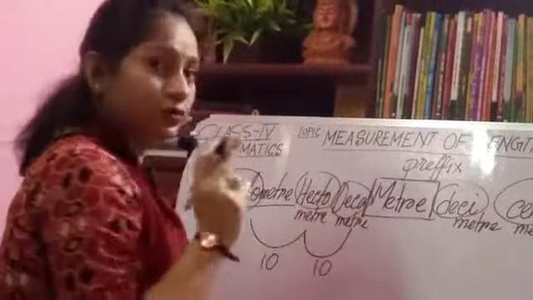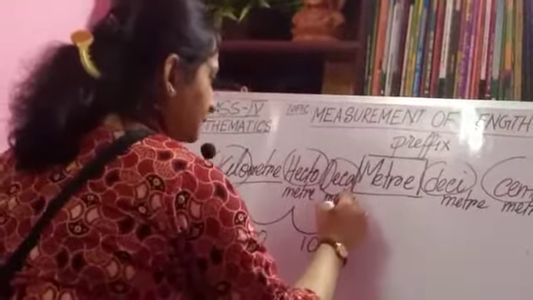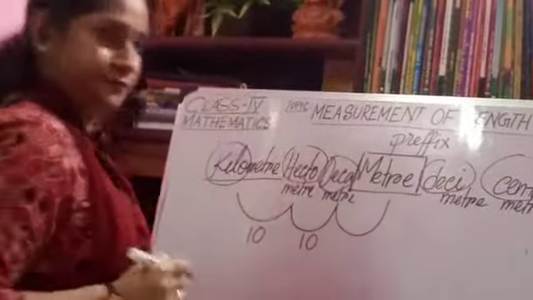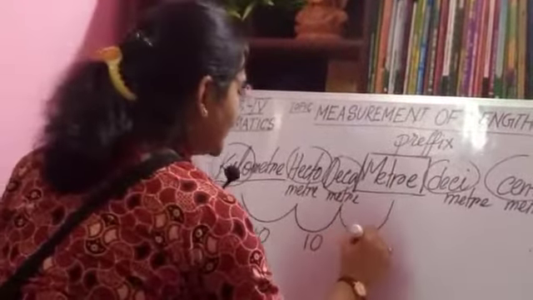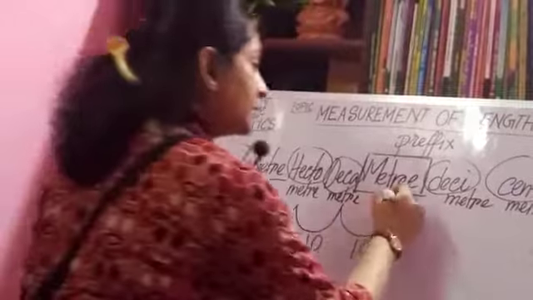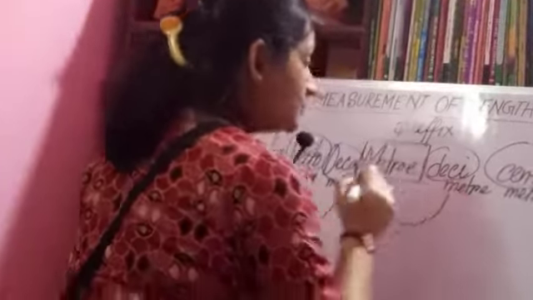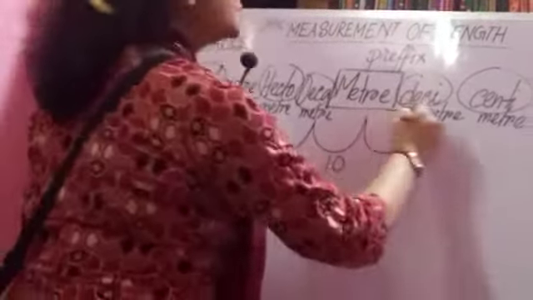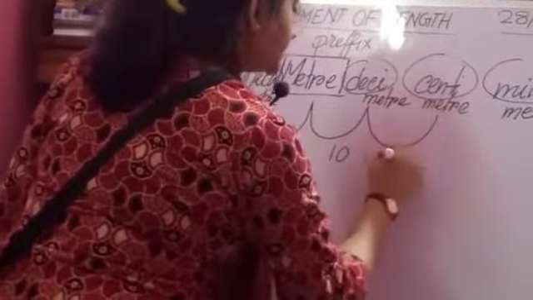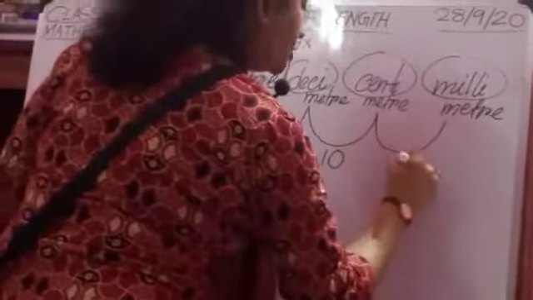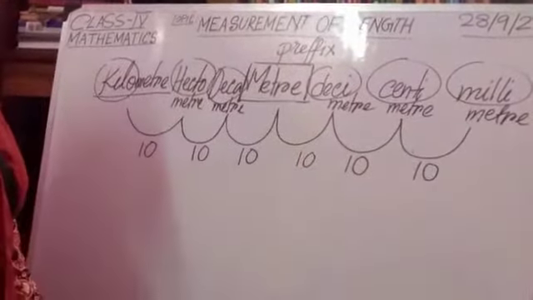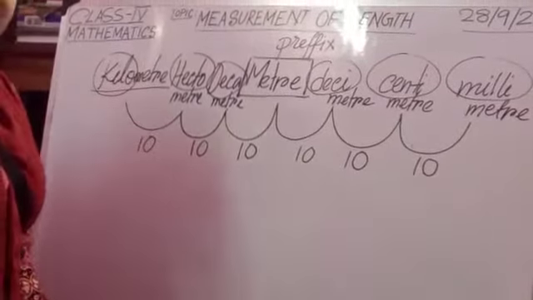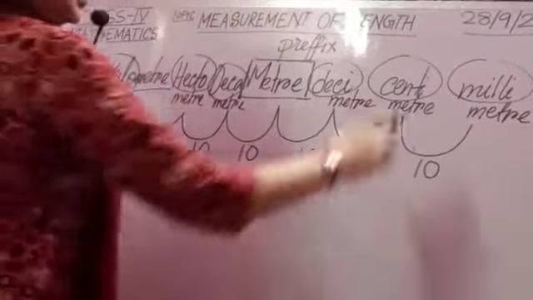I hope you all can follow me, children. Deca to meter, right? There is a gap of 10. Once again, from meter to deci, there is a gap of 10. Once again, deci to centi, 10. And finally, centi to millimeter, there is again a gap of 10. Right, children?